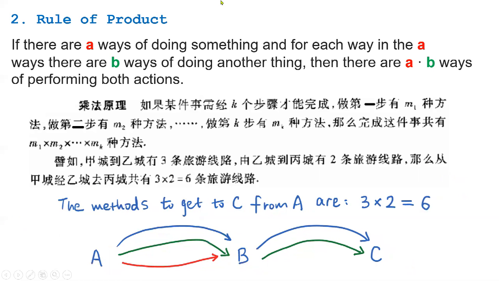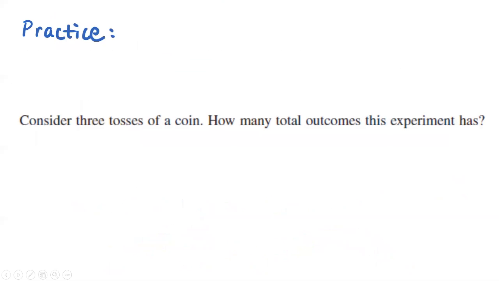No? Okay. Let me show you another example. Consider there are 3 tosses of a coin. How many total outcomes does this experiment have? So we can consider it as a process that contains 3 steps, right?